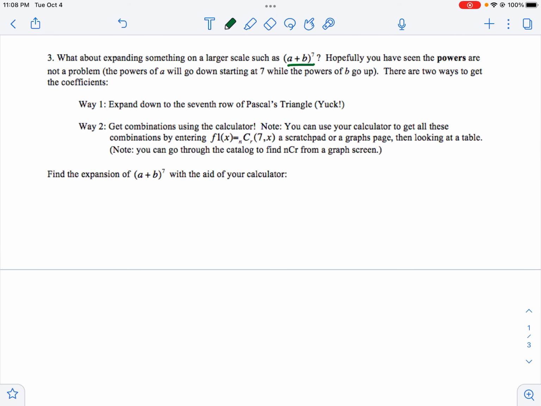So if I wanted to find a plus b to the seventh, then I could do a to the seventh, and then I'd have, again, a to the sixth, and b comes in. And then a goes down a power, b goes up a power. So I just follow that pattern. A lot of times I like to go through and write all that out first.